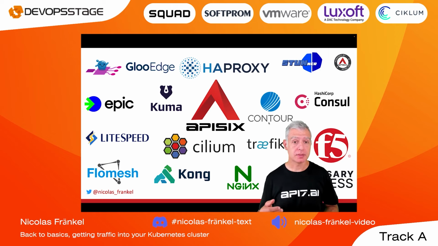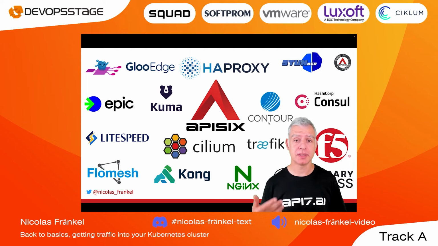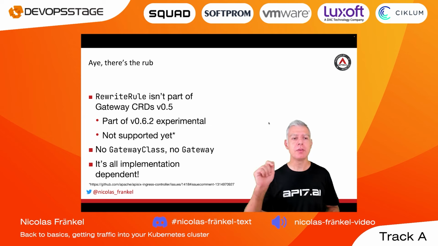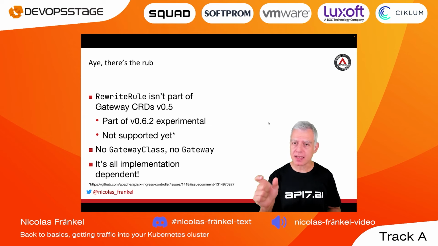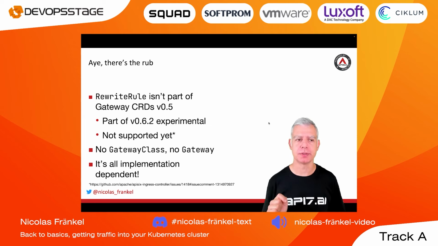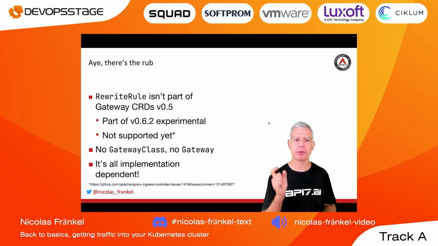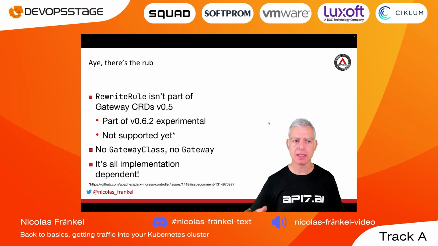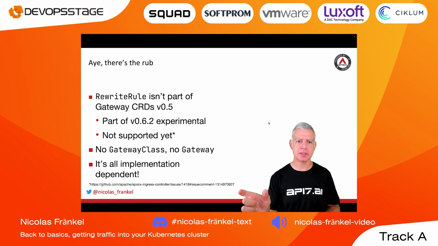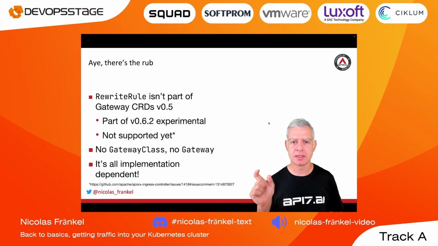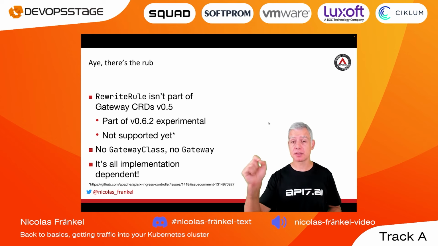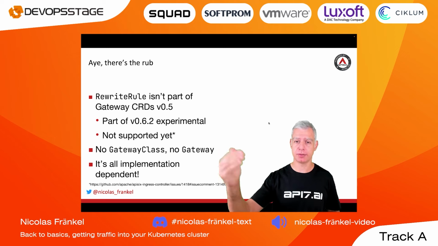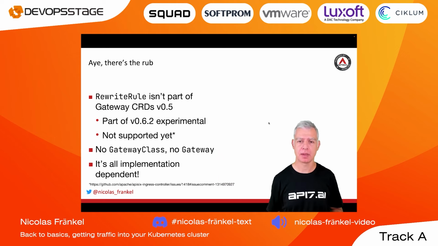But of course, it's not all roses and rainbows. There are a couple of issues. The first thing is, depending on the exact version that you want to use, the rewriter is not available. For example, at the moment Apache API 6 uses the CRD version 0.5, but the rewriter is part of a higher version, so it's not available.